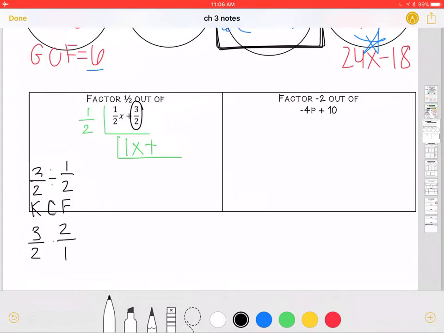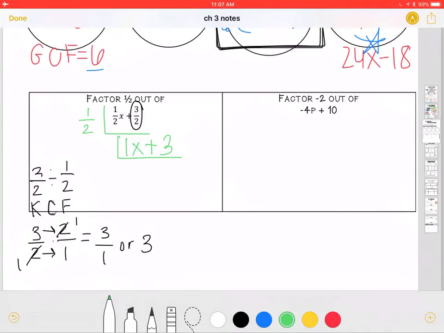You can either multiply straight across and then simplify, or if you like to cross simplify first, go for it. But once you do that, you should get 3/1, or that's the same as the number 3.